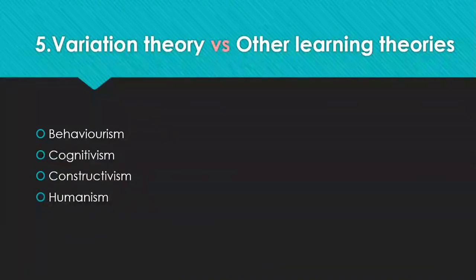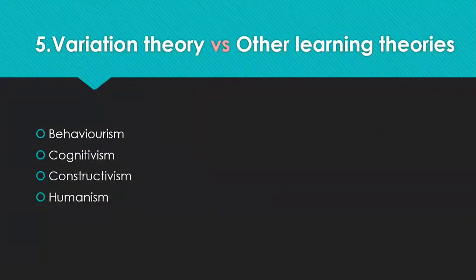However, these two learning theories do not talk too much about how the object of learning is learned by the learner, I mean, from the view of the object of learning rather than from the learner's view. In this case, variation theory has the advantage.